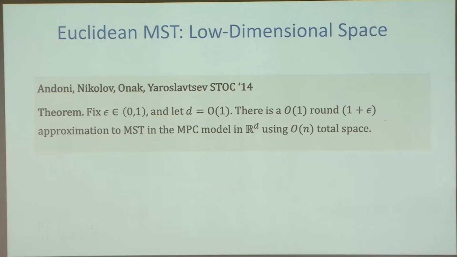Let me briefly introduce the previous work. For low-dimensional Euclidean MST, Andoni et al. show that there is a constant-round, 1 plus epsilon approximation MST algorithm in the MPC model, and it only uses linear total space. This is super cool and very desirable.